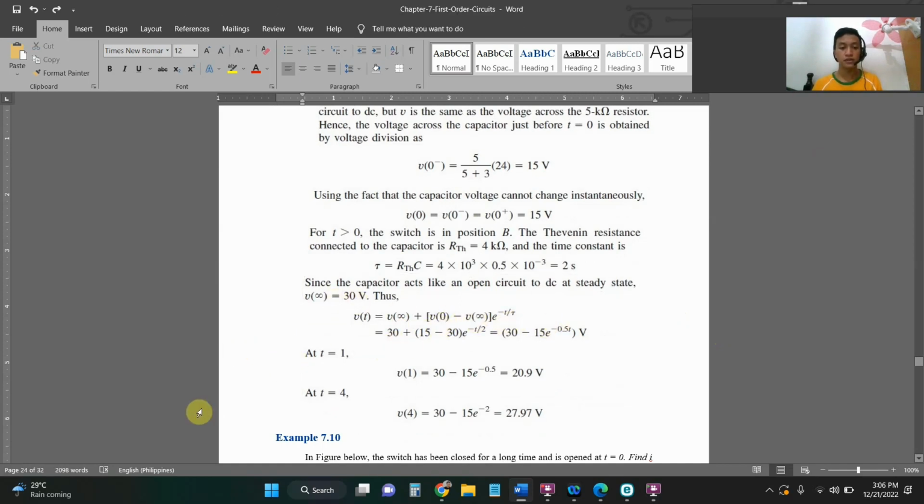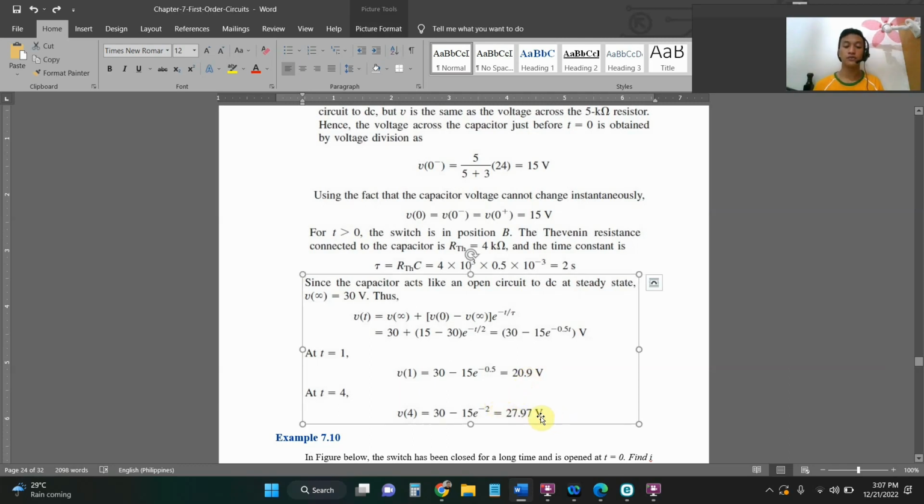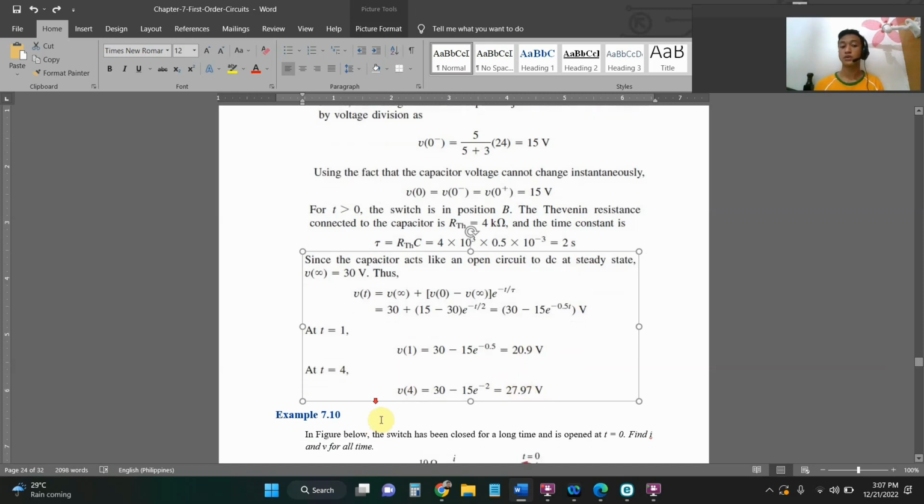If the time is equal to 1, we simply substitute t as 1, and we get 20.9 volts. And if the time is 4 seconds, we simply substitute 4 into t, and we get the value of 27.97 volts at t equals 4.